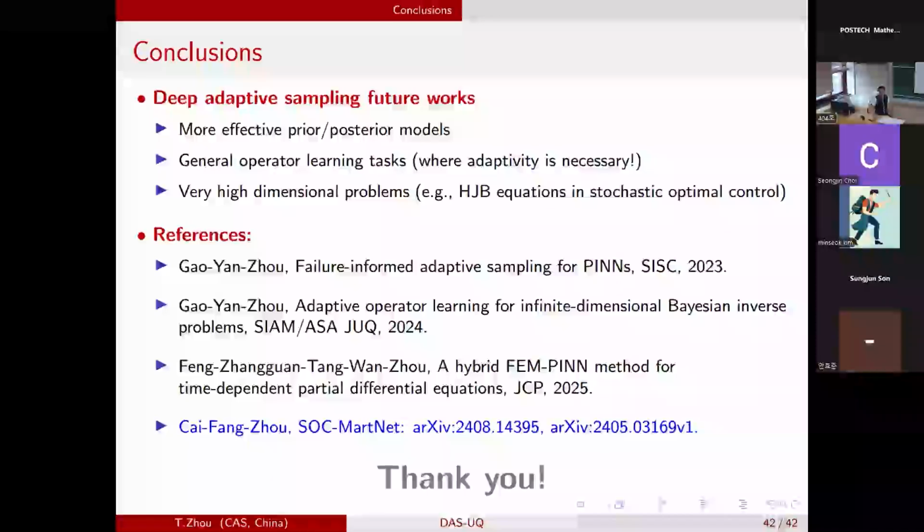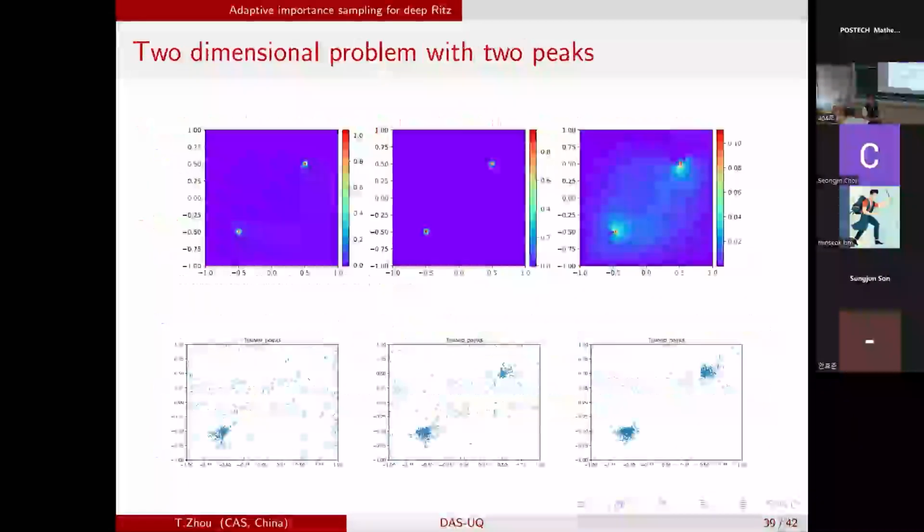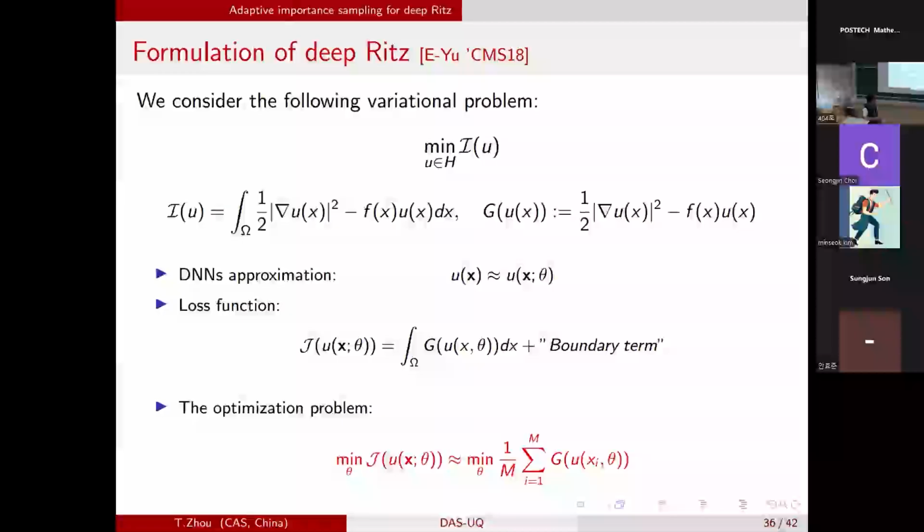I have a question about the bound formula in the beginning. The bound formula about the solution and the neural network. The bound formula guarantees the convergence of the neural network. The bound formula in the beginning. The bounded term, the boundary term, you mean? No, the bound formula.